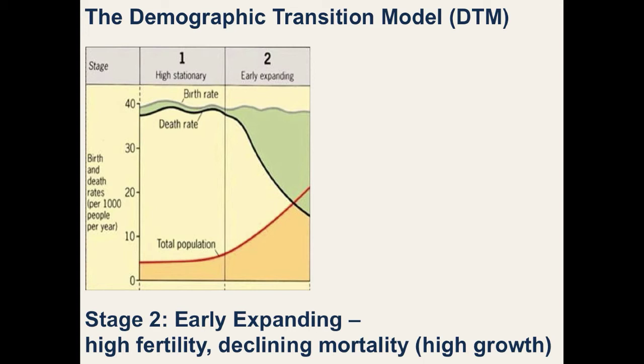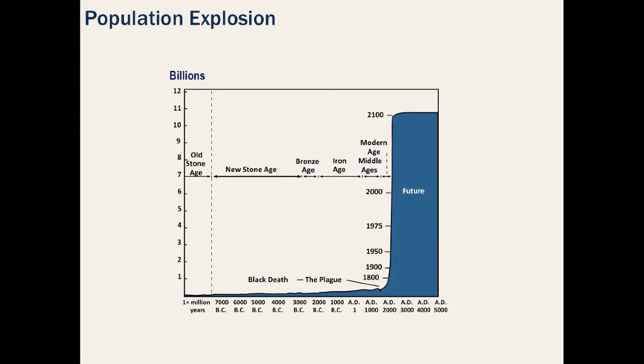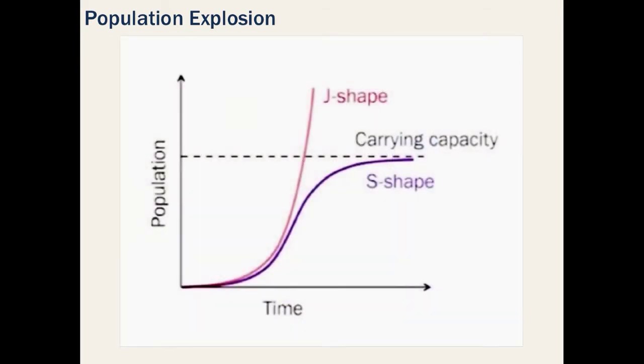And this data has been corroborated with numbers from these countries. To understand how revolutionary the Industrial Revolution actually was, just look at how slow human population growth was over time, and then see how dramatically human population has expanded ever since. Looking at this growth, we refer to this as the J-curve, since the growth pattern resembles the letter J.